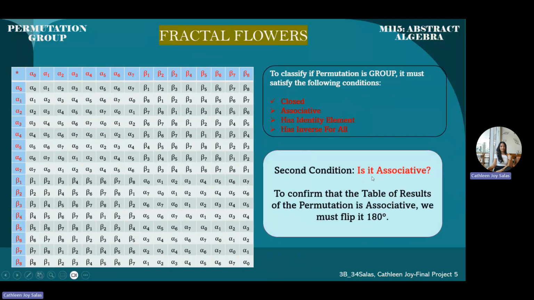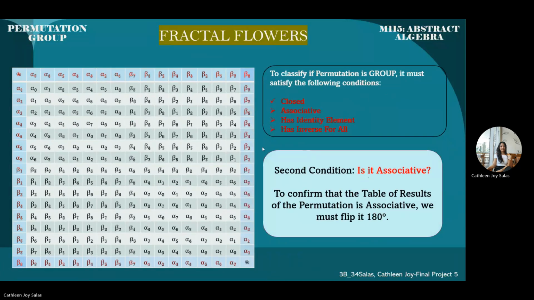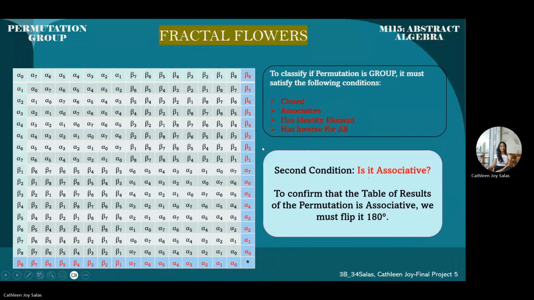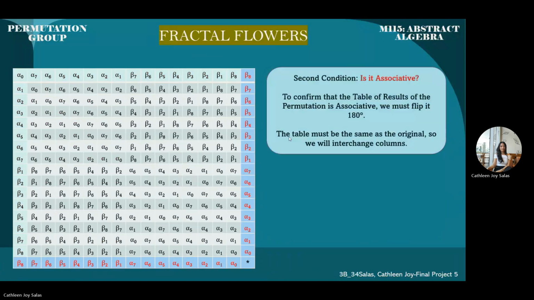Next, second condition, is it associative? So to confirm that the table of results of the permutation is associative, we must flip it 180 degrees. So the table must be the same as the original. As we can see, it is not the same as the original. Therefore, we will interchange the columns.